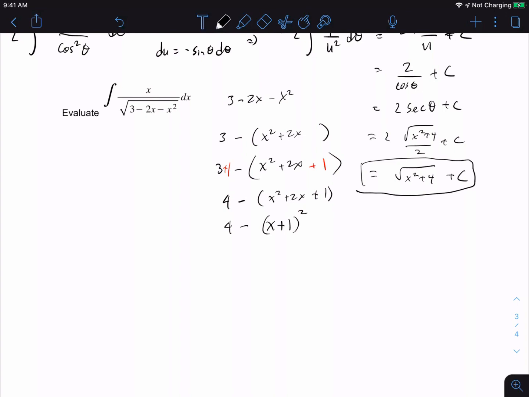Yes. If you aren't comfortable with that, what we can do is we can do this. I'll go u is x plus 1. And so the way I'm going to rewrite it is the integral is going to be u minus 1 over the square root of 4 minus u squared du.